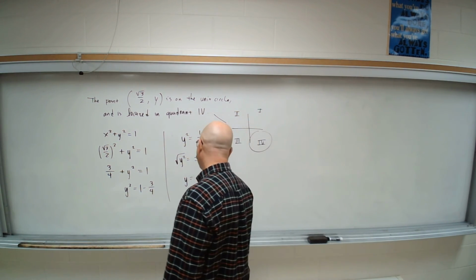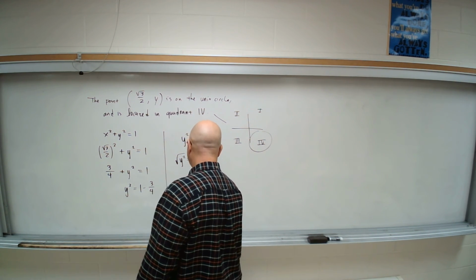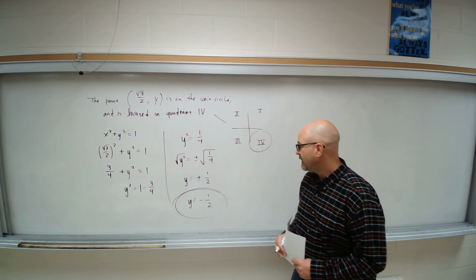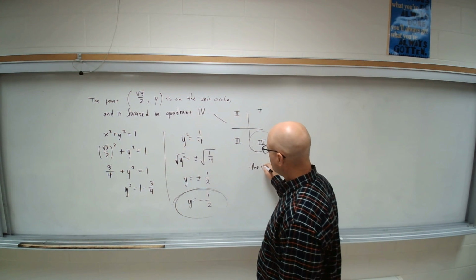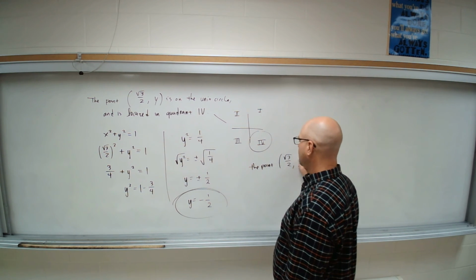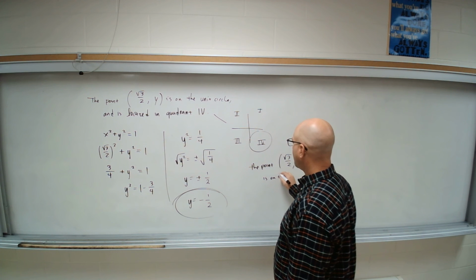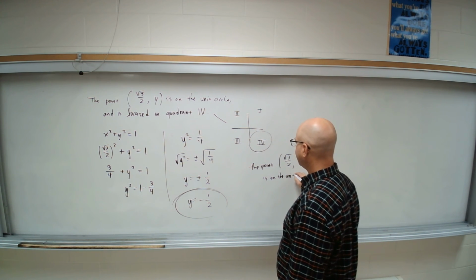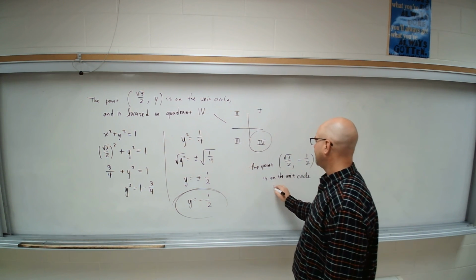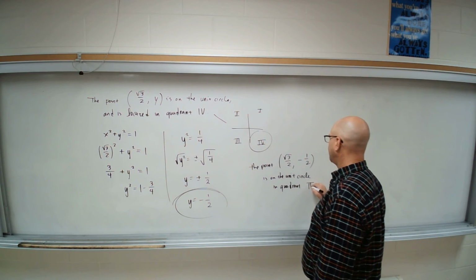So our answer here would be y equals negative 1/2. Okay, so the point radical 3 over 2, negative 1/2 is on the unit circle in quadrant 4.